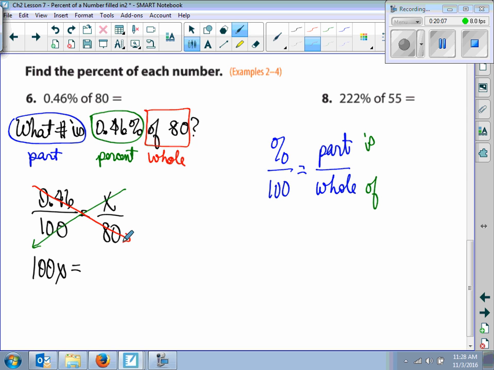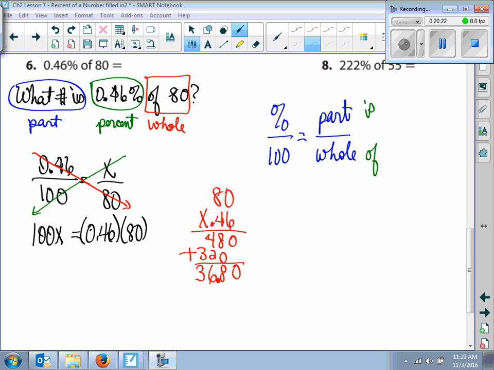What are we going to multiply on the other side? 0.46 times 80. Very good. We're going to multiply 0.46 times 80.